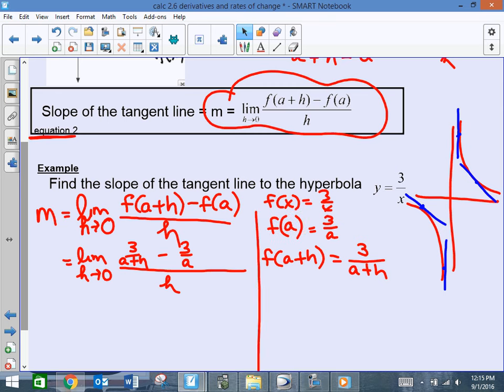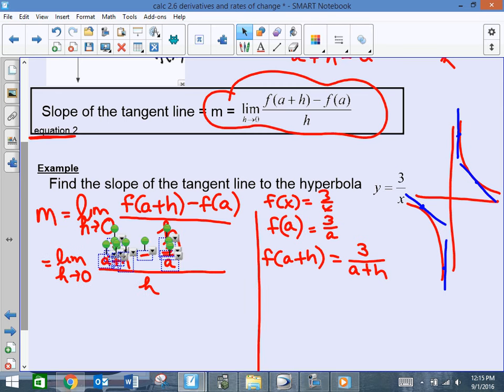Okay, it kind of looks like one we might have done today. I'm going to move it over so I can tap it. Great. Okay, how do I simplify? It would be nice if I could plug in 0, but I can't because I'll make my denominator 0. What shall we do, Miss Maggie? Multiply by what?